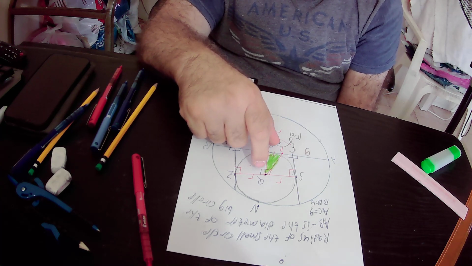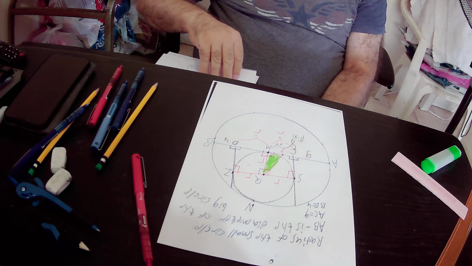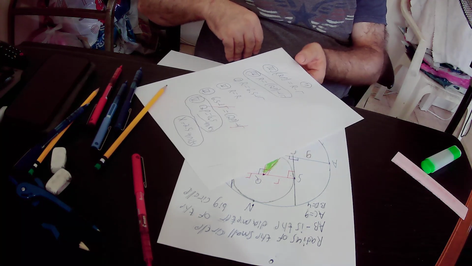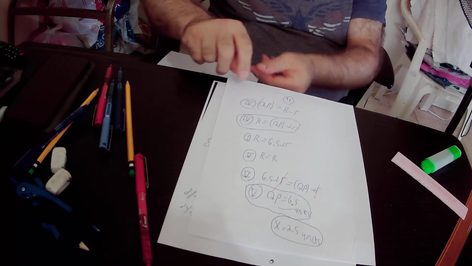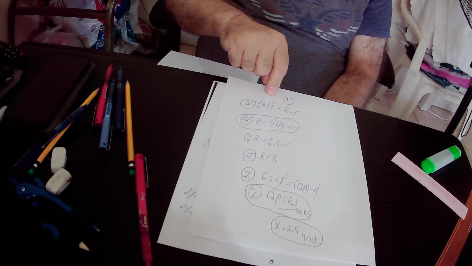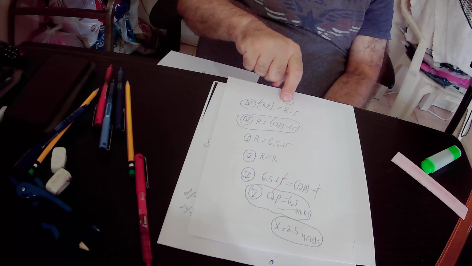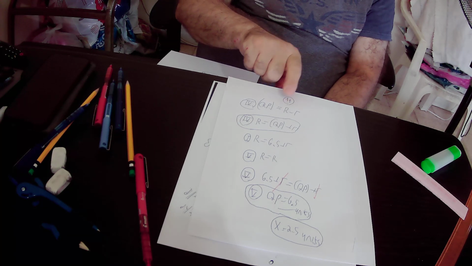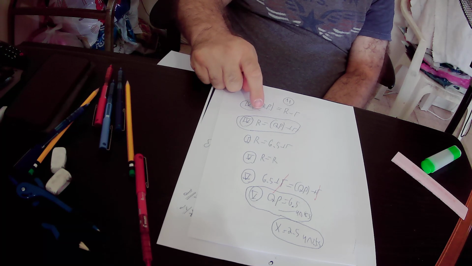That is, QP equals capital R minus small r. That is equation number 4.